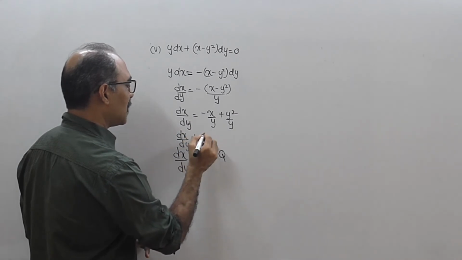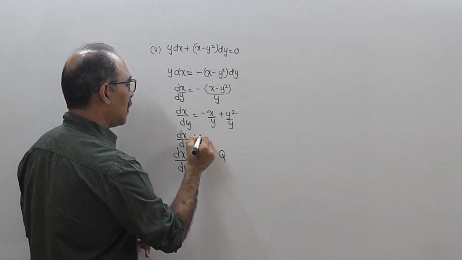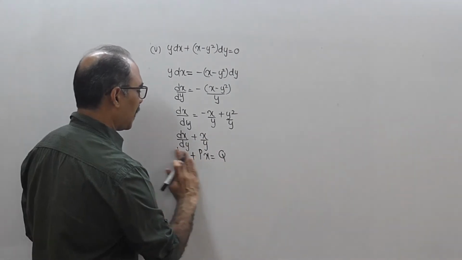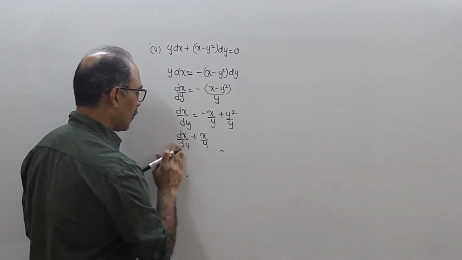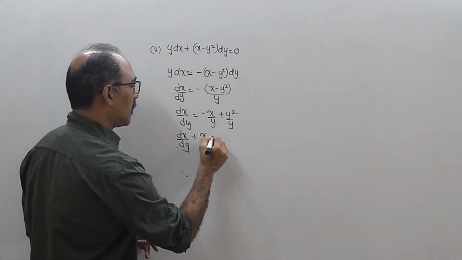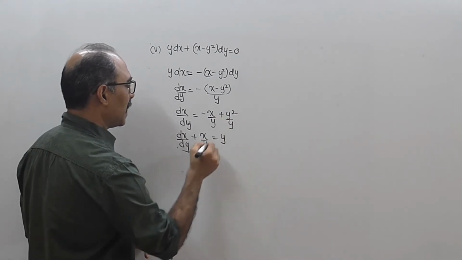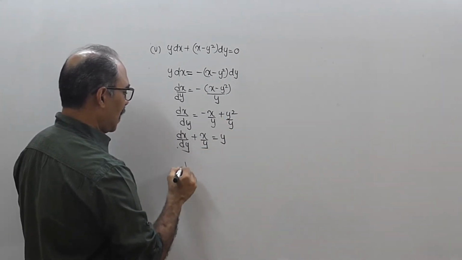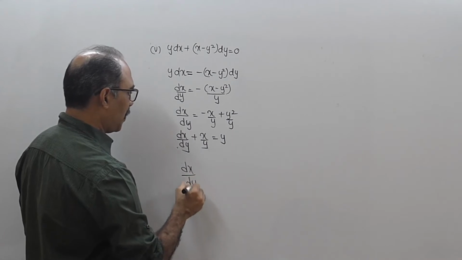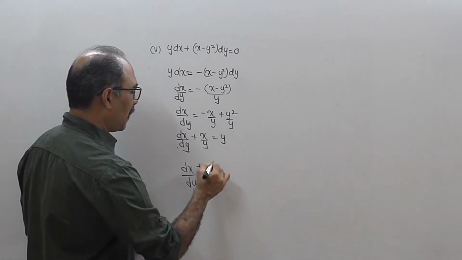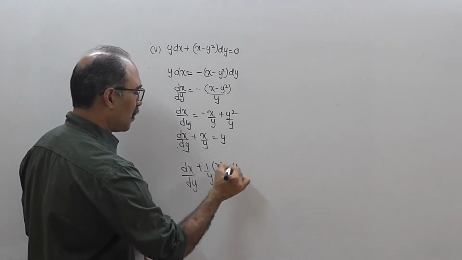So I will get this as x upon y. Can I say that is equal to y, because y square and y will get cancelled. I will write this as dx upon dy plus 1 upon y into x equal to y.